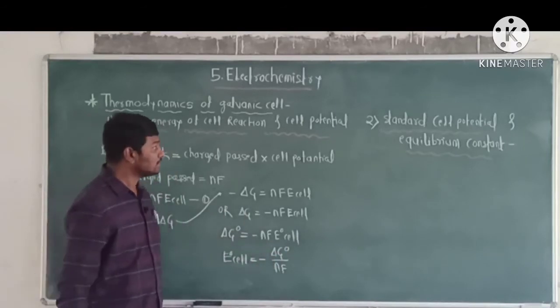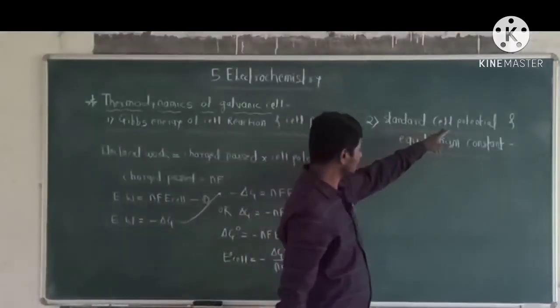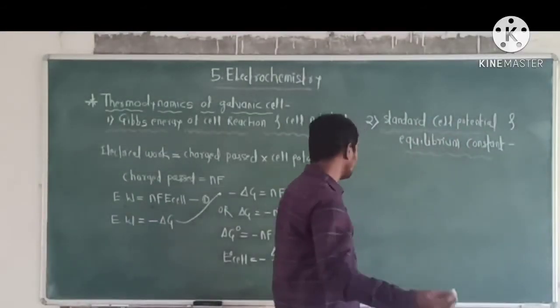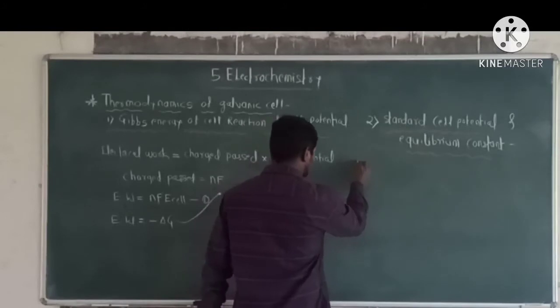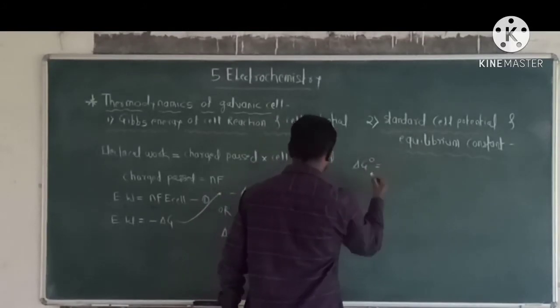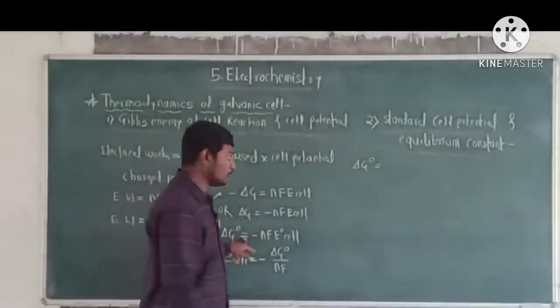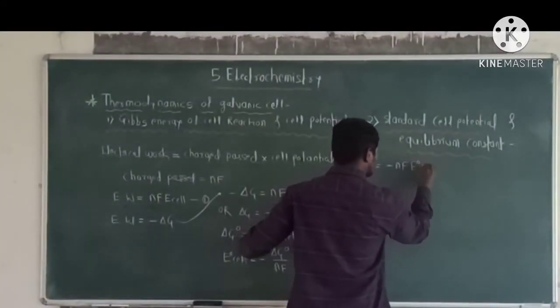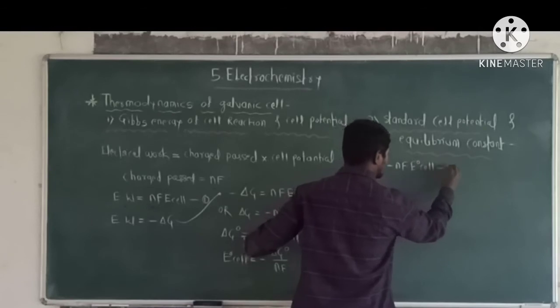Now second point, that is standard cell potential and equilibrium constant K. We know that delta G0 is equal to minus nF E0 cell. This is equation number 1.